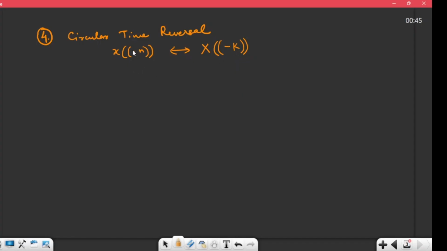Since the negative index does not have any meaning, you will see that it is written with modulo N added. In order to make the index positive, the modulo has to be added with it.